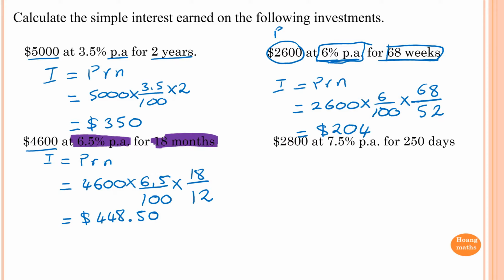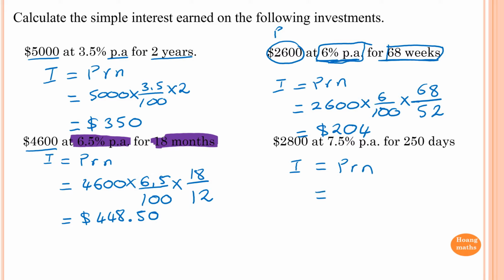Next one here. The amount of investment is $2,800 at 7.5% per annum, for 250 days. So the same rule applies: I equals PRN, because it's simple interest.